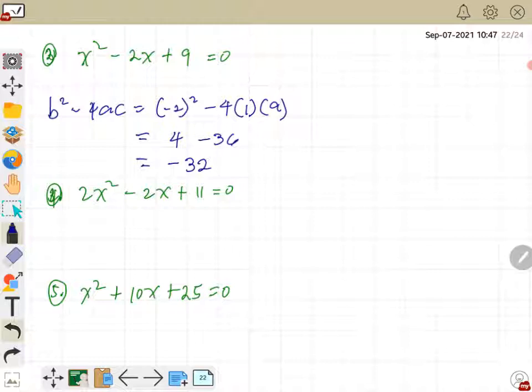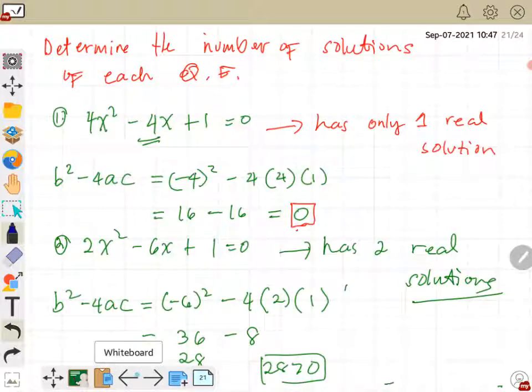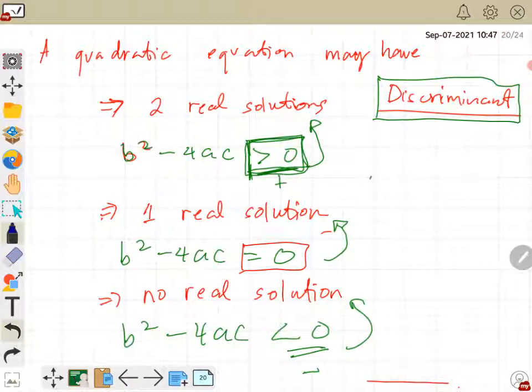Is negative 32 greater than 0, equal to 0, or less than 0? Negative 32 is actually less than 0. So what does it mean when we say less than 0? Going back here, negative 32 is less than 0.